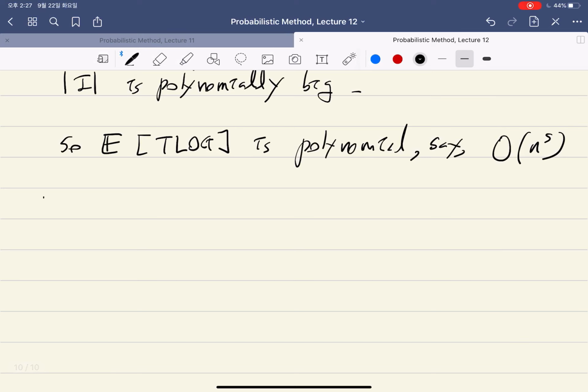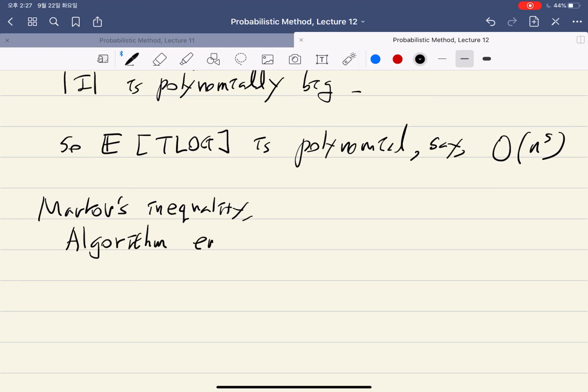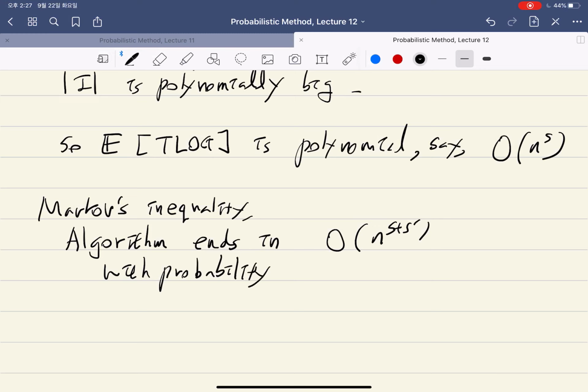Then by using Markov, the algorithm ends in, say, this time, with probability at least 1 minus some big O of n to the minus s prime.